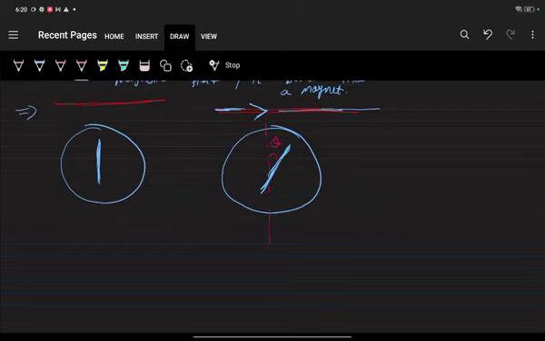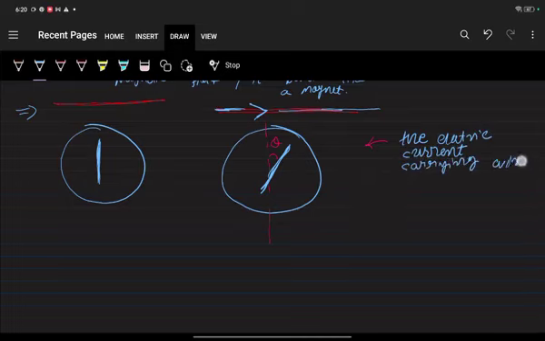So why does this happen? The reason behind this deflection is that the electric current carrying wire behaves like a magnet.